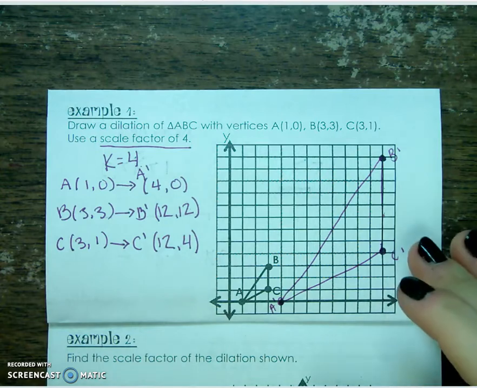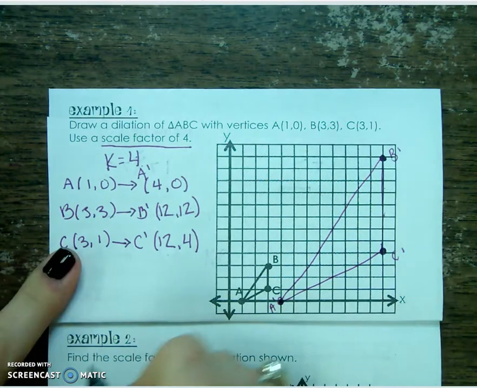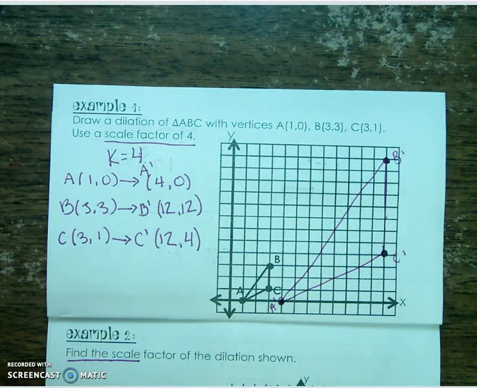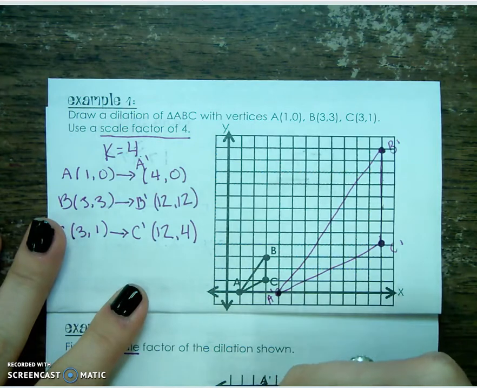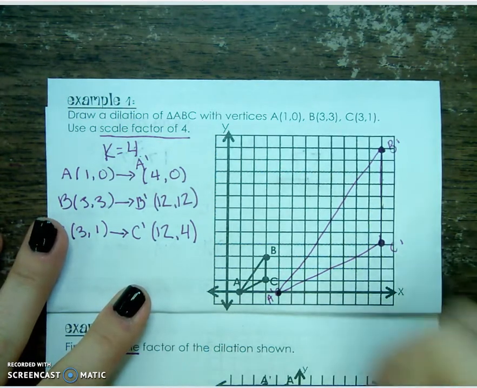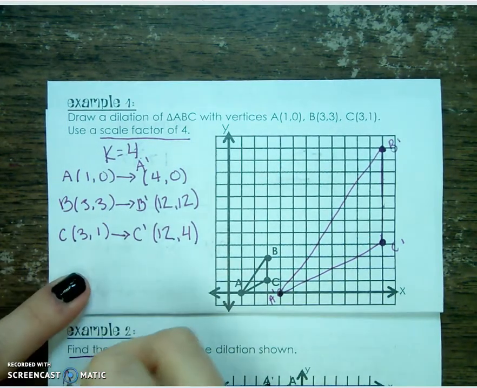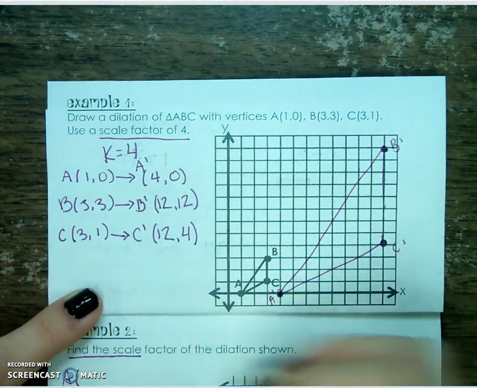Example 2, we're looking to find the scale factor of the dilation shown. If it was me, I might go ahead and trace that enlarged figure. And now I'm going to look. My A, the original coordinate, that's the origin right here, was (-1, 0).